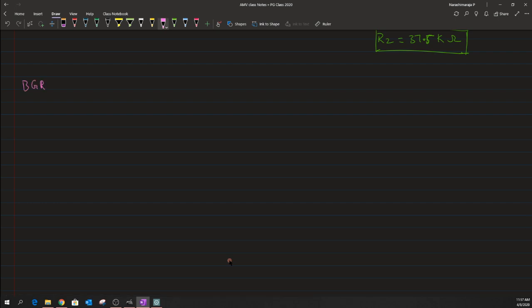So the BGR design using op amp. Yeah. So let me first draw the bottom structure where we have this VO1 as well as VO2 structure. Okay.